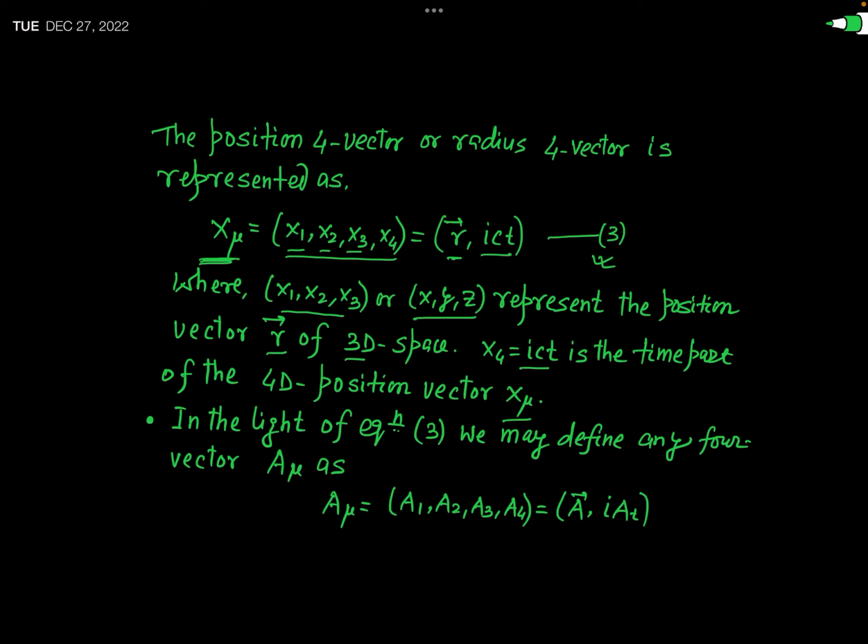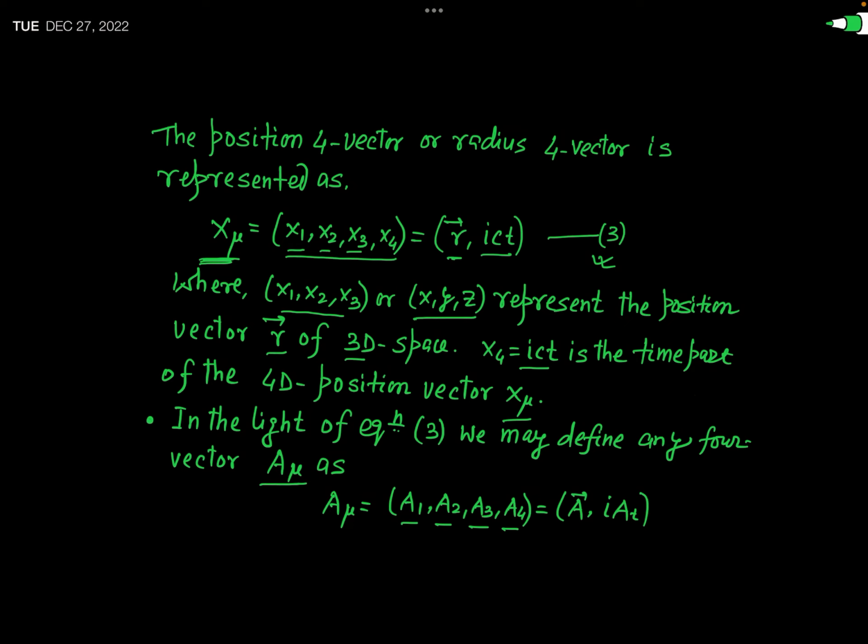So in general, if you consider a 4 vector denoted by the symbol A mu, it will also have 4 components, A1, A2, A3 and A4. So A mu is defined as A1, A2, A3, A4.